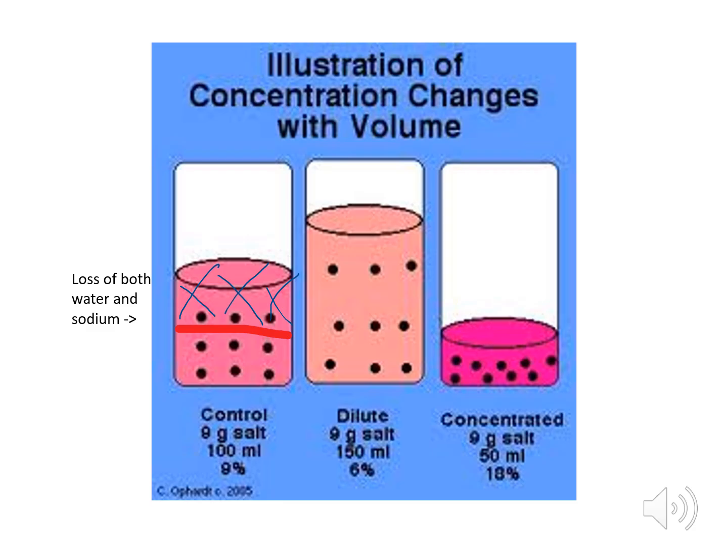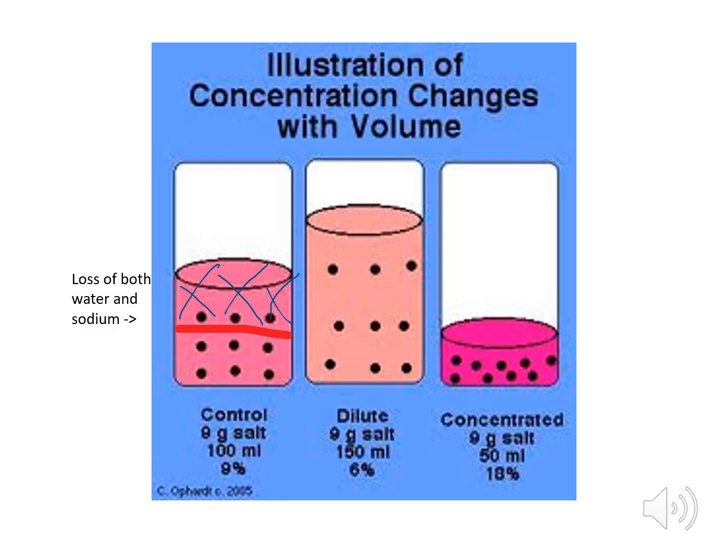So what's left below that solid red line is a lower fluid volume, but notice how the concentration of that fluid is still the same. Okay, that's what we were talking about in an isotonic fluid volume deficit. We've lost both fluid and sodium. So do you see how this is truly just a volume problem? There's not enough fluid volume, but it is not also a concentration problem.